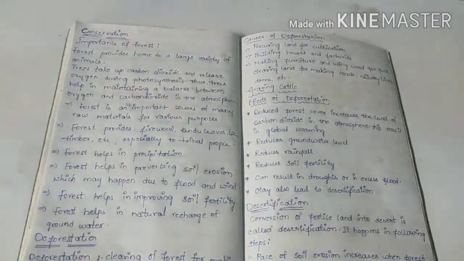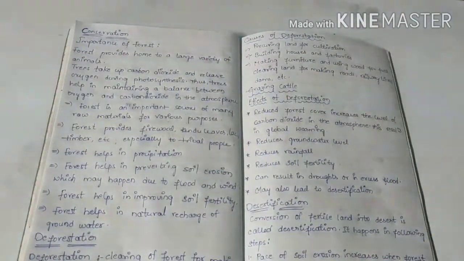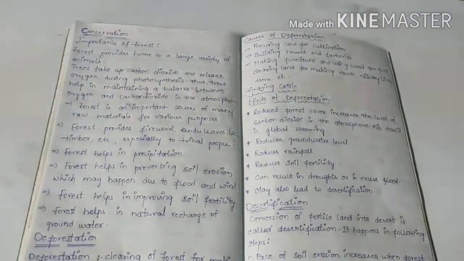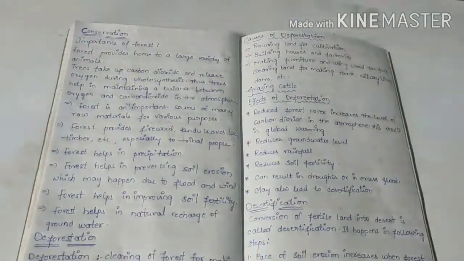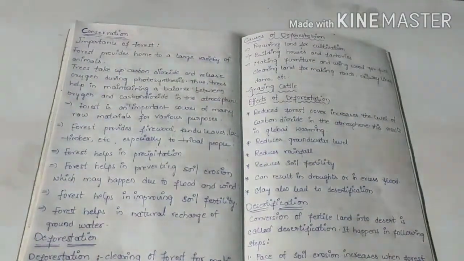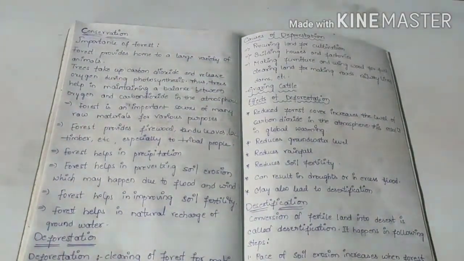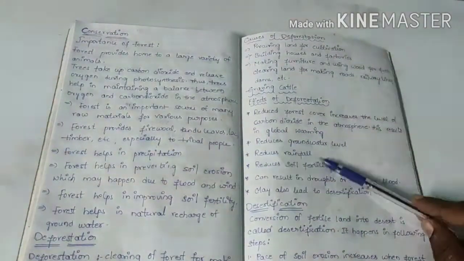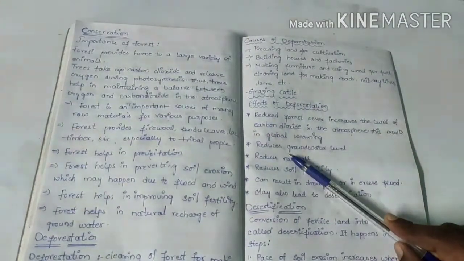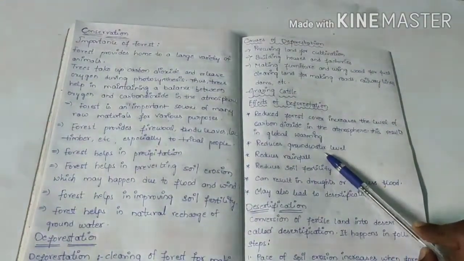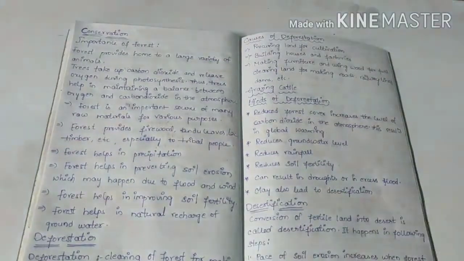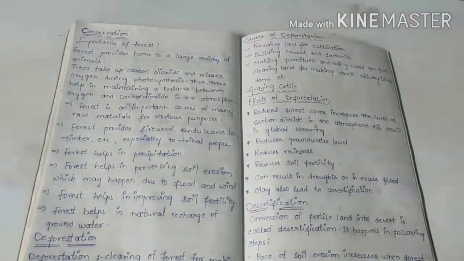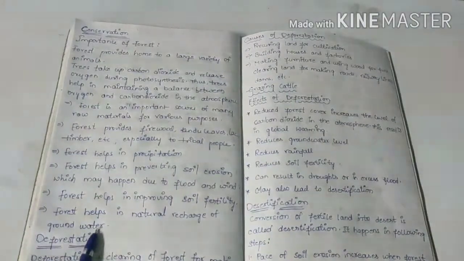Before we studied that if trees are not there, the carbon dioxide we give out will accumulate in the atmosphere, oxygen level will decrease and carbon dioxide level will increase. This will cause different harmful effects on humans, and accumulation of carbon dioxide in the atmosphere will result in global warming. Not only that, deforestation reduces the groundwater level. In the importance of forests, we studied that forests help in natural recharge of the groundwater.